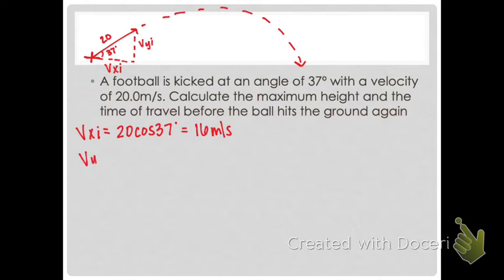Then Vyi is 20 times sine of 37, which gives me, rounded, 12. Both are positive, right? Because we're moving forward and upward.